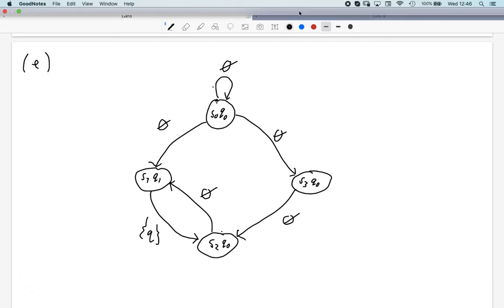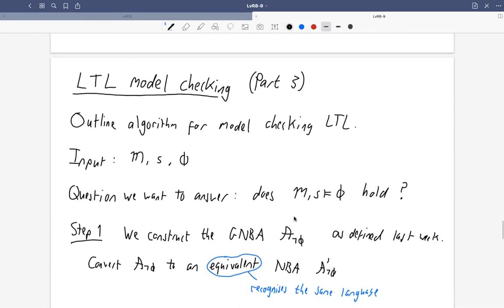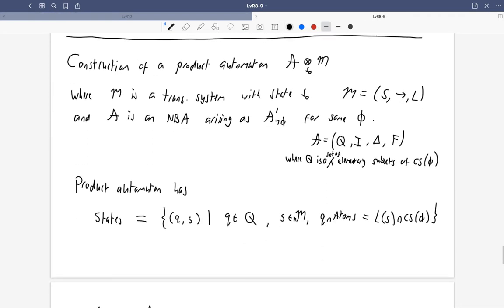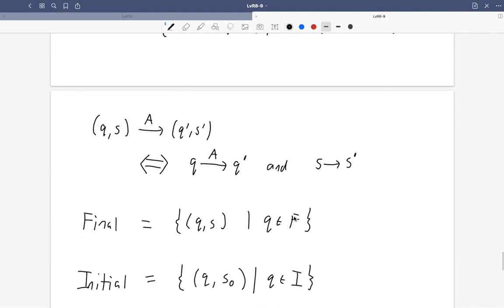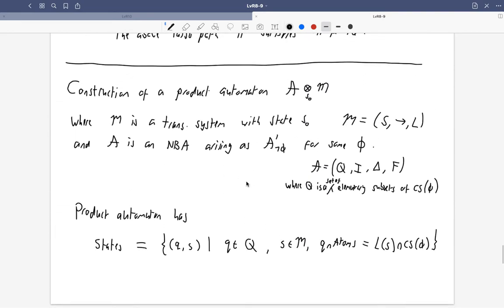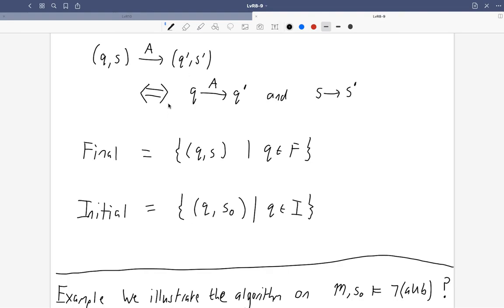Let's go to our notes on the product. I've been doing this without consulting the notes, but I was following this description of the product, just explaining it. We've done the transitions, so our initial states are the initial state from the transition system paired with all initial states from the automaton.